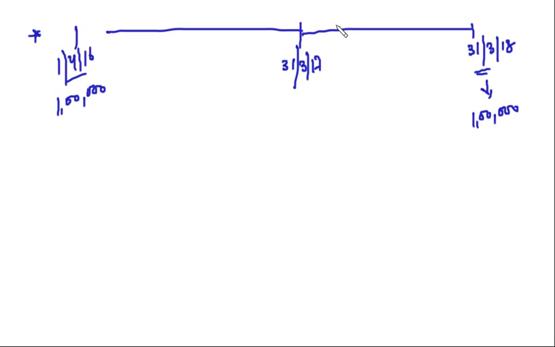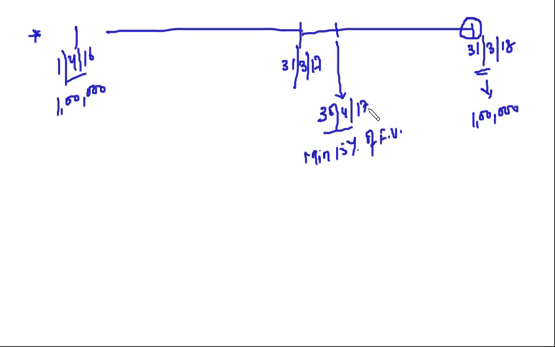You created DRI on or before 30th of April 17, that is minimum 15% of face value. Clear? Now, at the time of redemption, that is here 31st of March 2018, what to do with these investments?